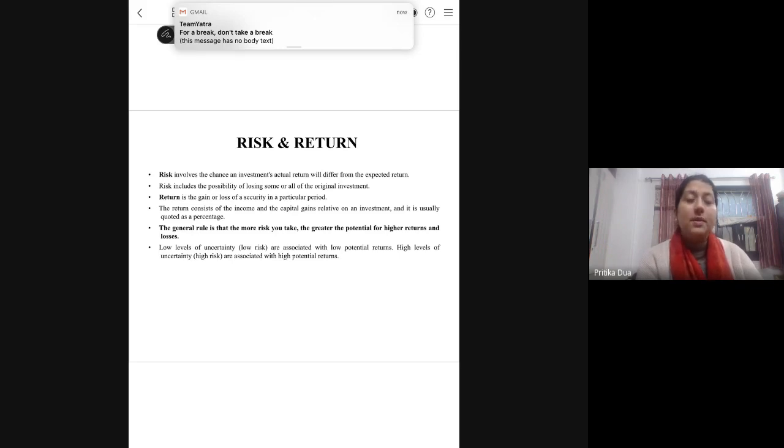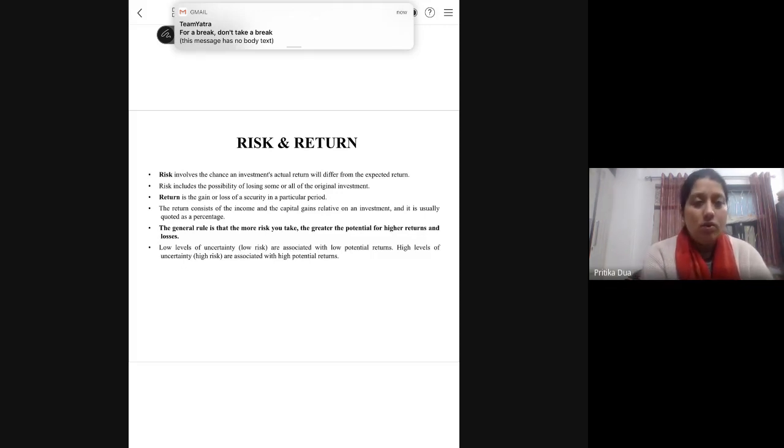So this being the parameter for any evaluation or any analysis of the available alternatives before you, we start evaluating any investment alternative using the trade-off between risk and return involved.